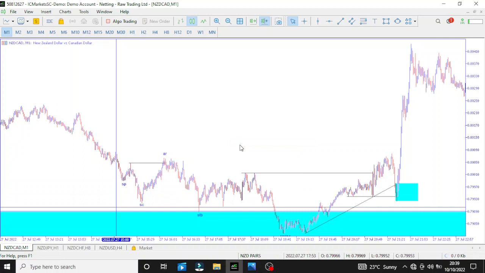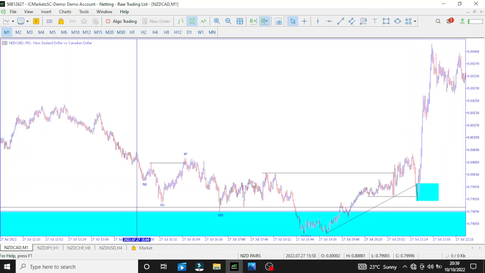You see, during New York session, the price creates this liquidity and manipulates it. Also, here's another liquidity manipulated, and here's another liquidity manipulated, and here are these equal highs.